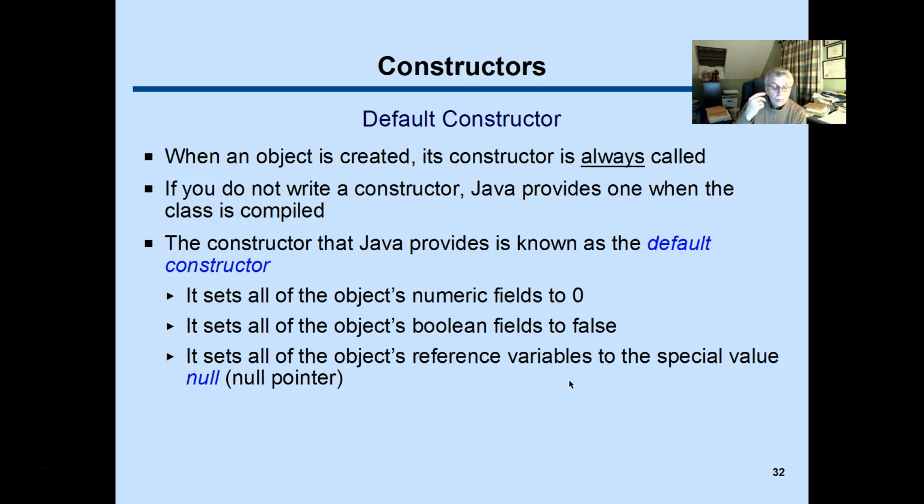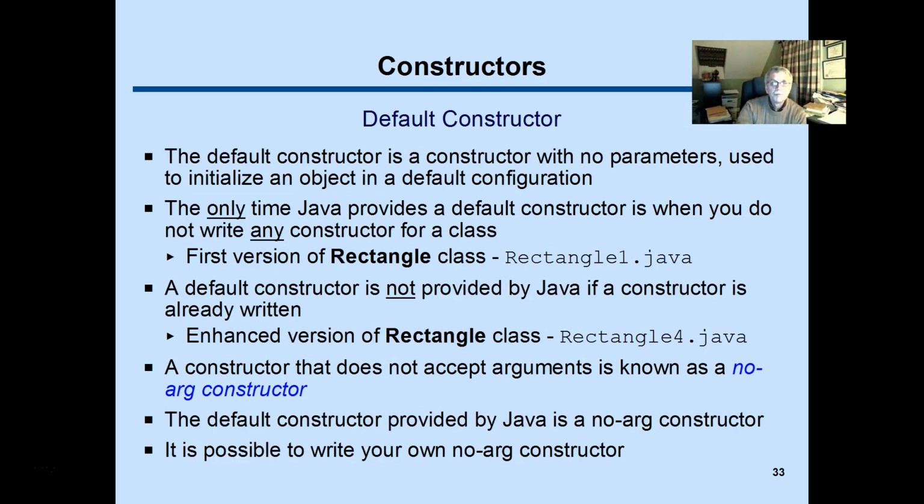That is, if there are references within an object to other objects, they are initialized as null pointers. And we'll talk about composition and aggregation later on to address that point.